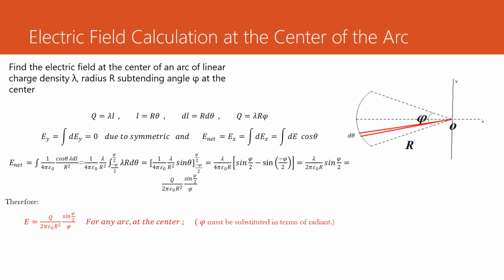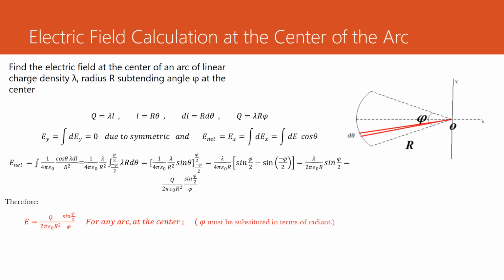You have to imagine, draw it on your paper and find the angle theta, which is a general angle from here to this point. Theta varies from minus half phi to positive half phi, sorry, half phi, not pi. So the angle is phi, from minus half phi to positive half phi.